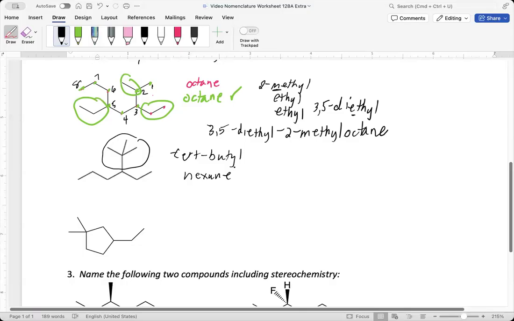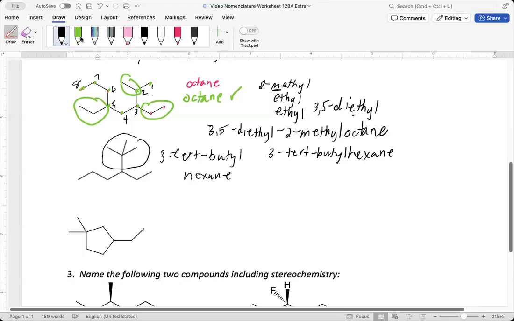So I've got 3-tert-butylhexane. Okay, so that's using the common name for the substituent. Remember, we did say that that's IUPAC accepted, so that's an acceptable way to name this compound.